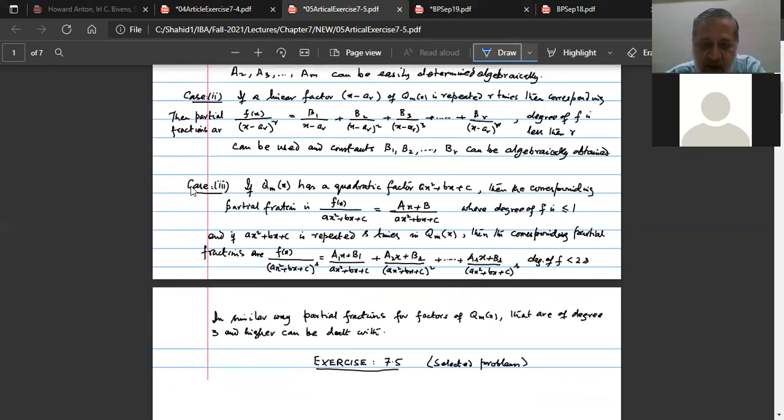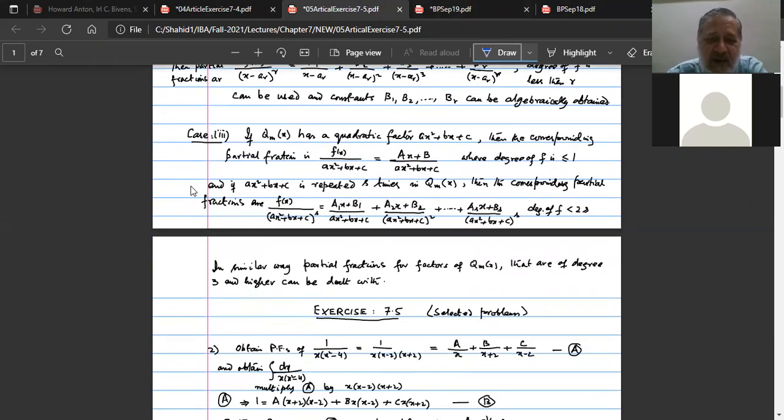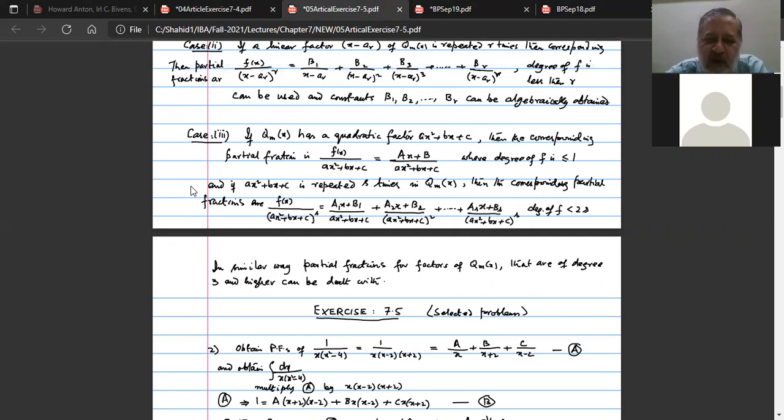The third case is that the denominator has a quadratic factor. Now, if you have a quadratic factor, for a single quadratic factor, you will convert into something like ax plus b divided by the quadratic factor.